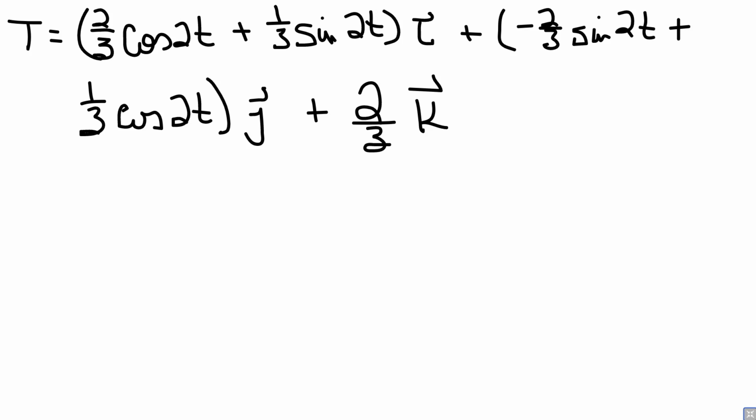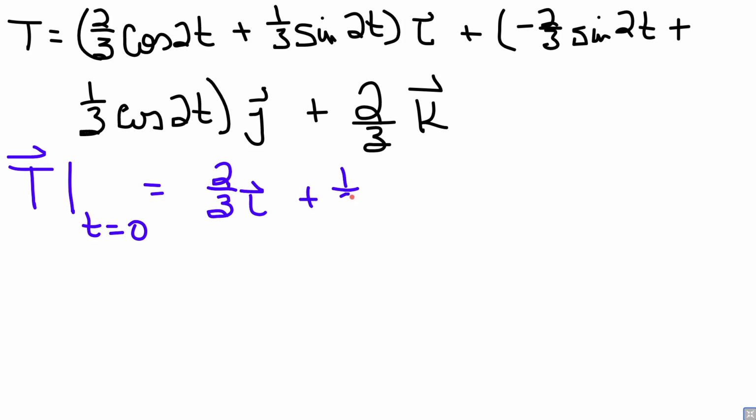So now what I'm going to do is find what it would be evaluated when t is equal to 0. Okay, so if I plug in 0, I'm going to end up with 2/3 in the i direction plus 1/3 in the j direction plus 2/3 in the k direction.